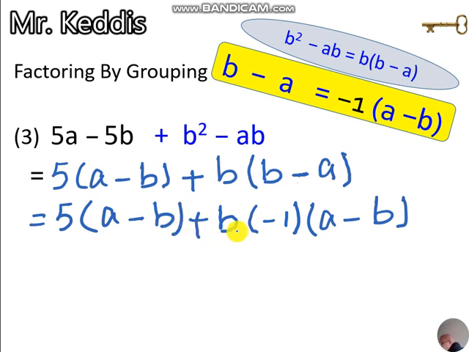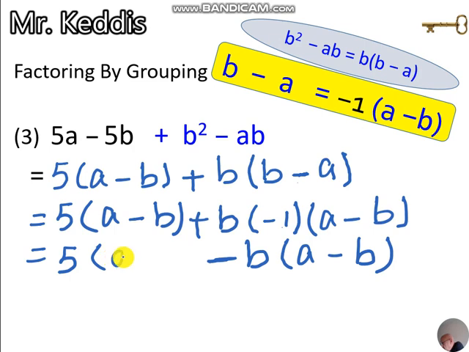You have positive b times negative 1. Positive and negative, I get negative b times a minus b. And this one equal under equal, 5 under 5, a minus b.